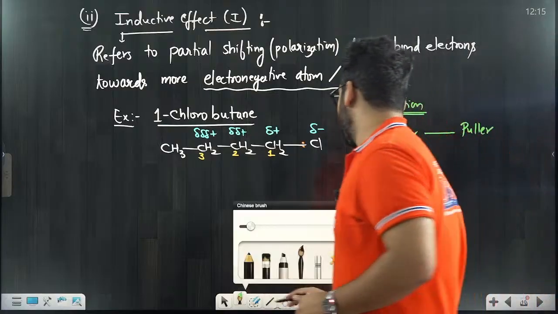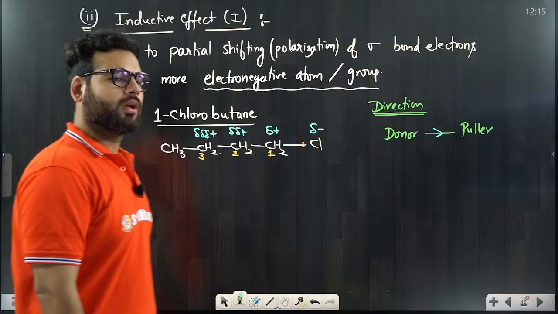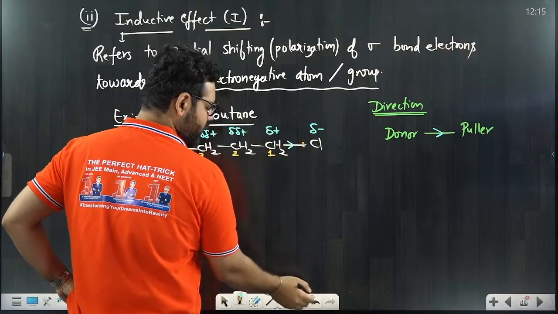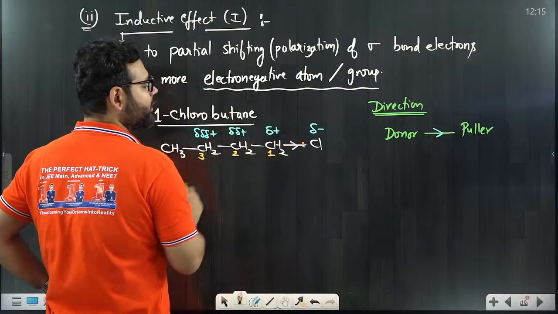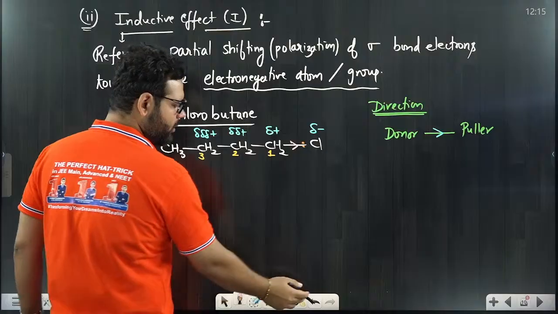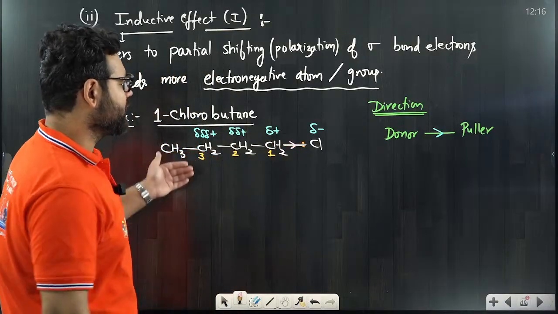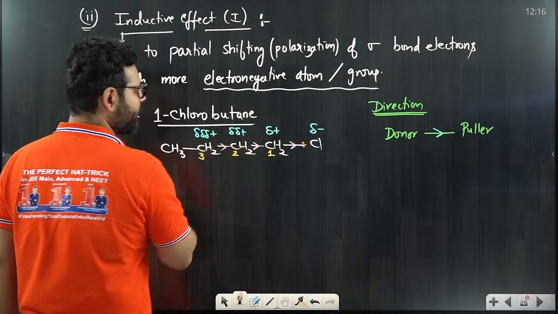From the donor side to the puller side, show an arrow like this, on the bond only. So electrons are moving from the carbon chain. So the carbon chain becomes the donor, and chlorine becomes the puller. So this is how the inductive effect is moving. Here also a little bit moving, here also a little bit moving.